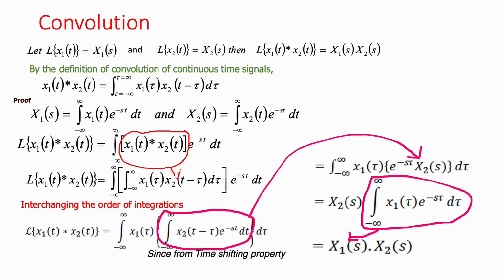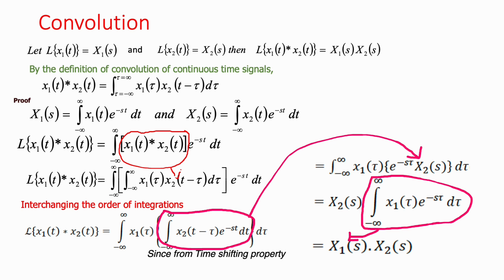Now already we have discussed the time shifting property. As per the time shifting property, the red color rounded term can be written as e power minus s tau x2 of s.